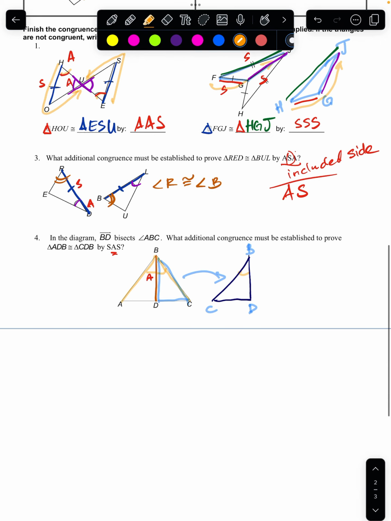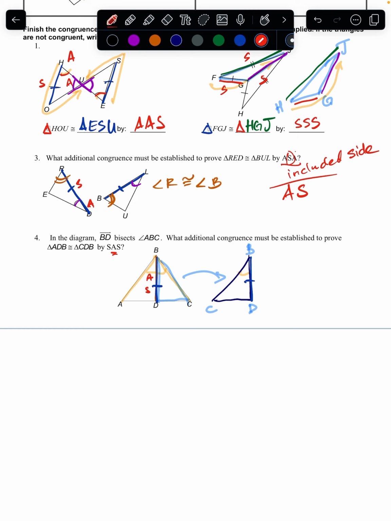I also see that they're sharing the same side, BD. This whole line right here is congruent with BD, right? So BD is congruent to BD. And then, what do I have? So that's a side.